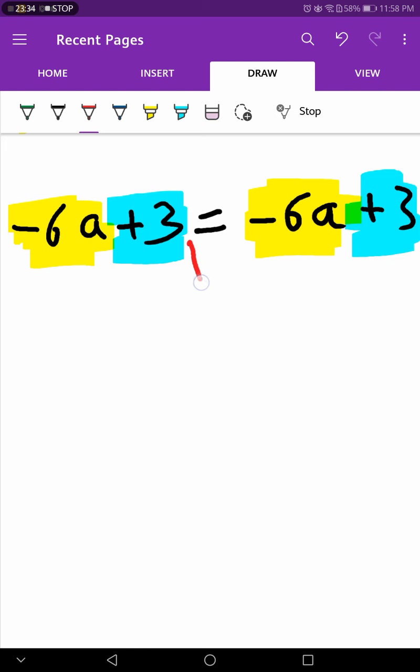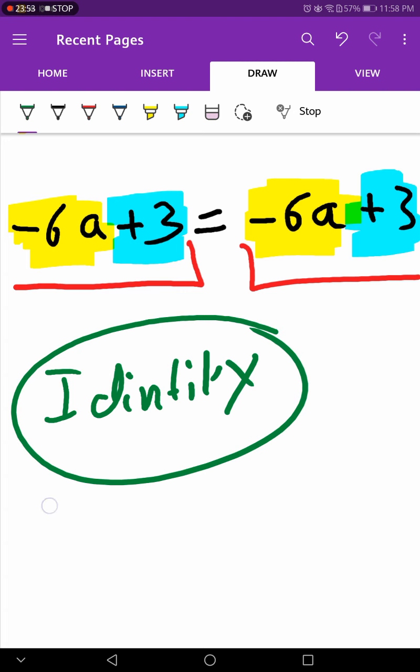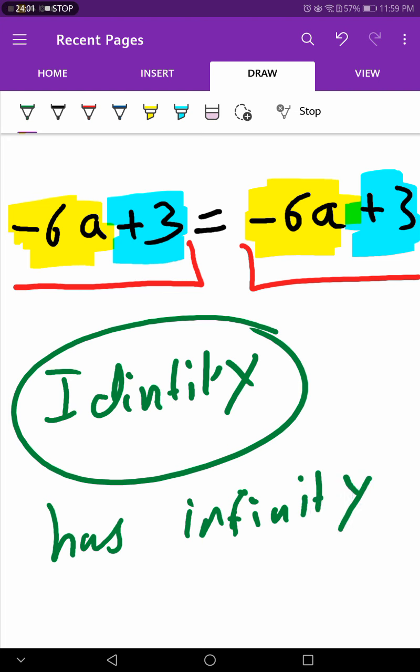So the left side and the right side are the same. In this case, without doing any solution, you say the original equation is an identity. That means it has infinity solutions.